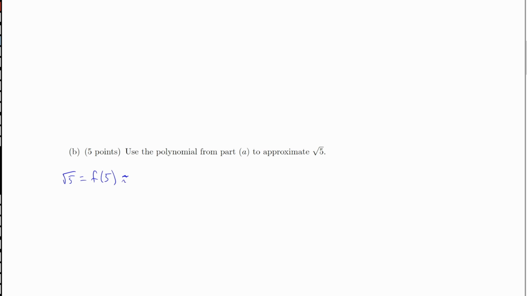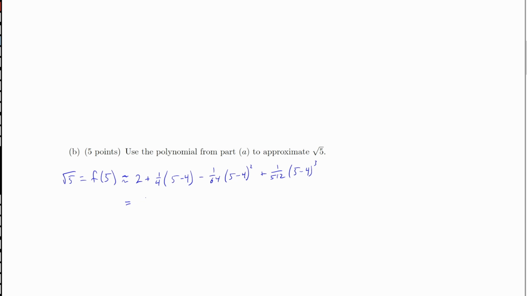So we can say f of 5 is approximately 2 plus 1/4 times (5 minus 4) minus 1/64 times (5 minus 4) squared plus 1 over 512 times (5 minus 4) cubed.